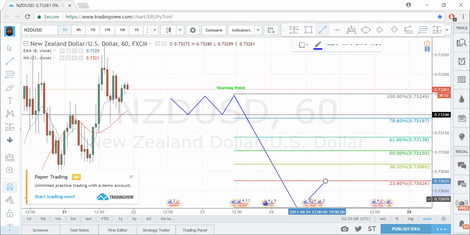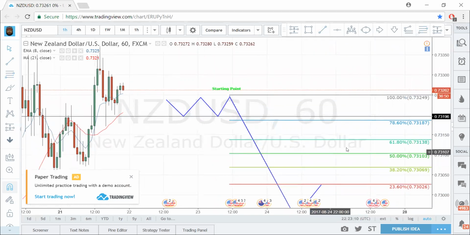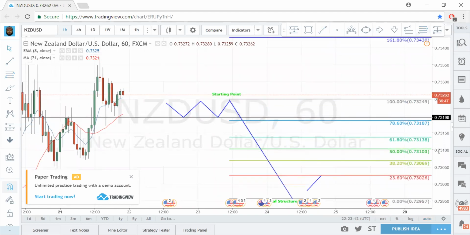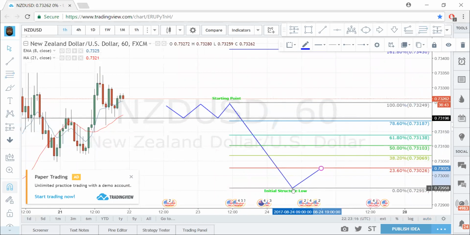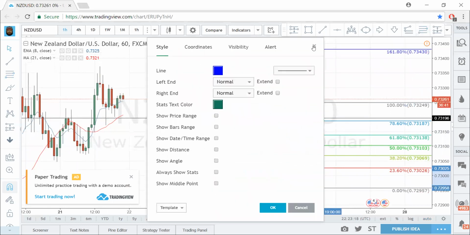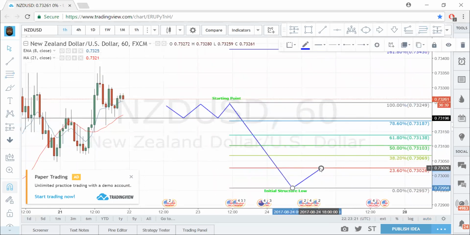You see? The market might retrace all the way till 23. So the market will just bounce off here, retrace to 23, or bounce to 38 or 50.